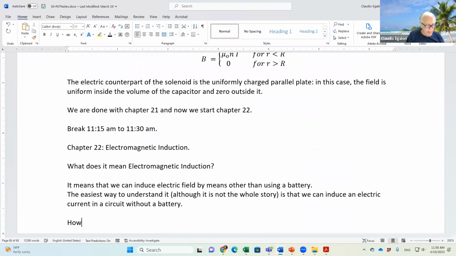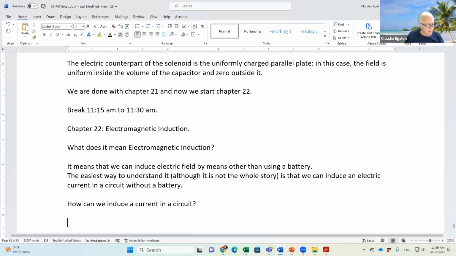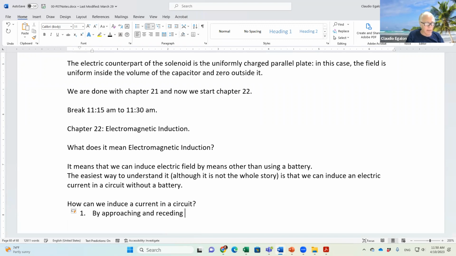Okay. How can we induce a current in a circuit? One way to induce a current in a circuit is by approaching and receding a magnetic bar to a closed loop circuit.